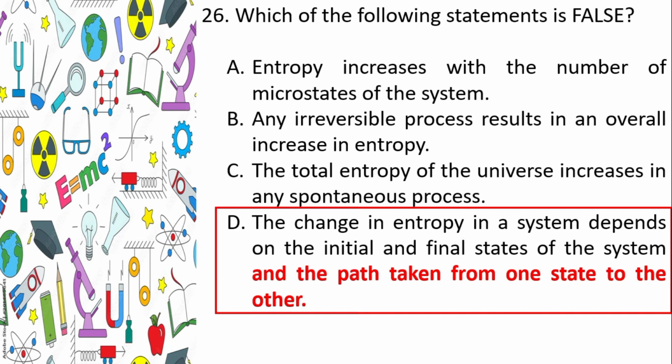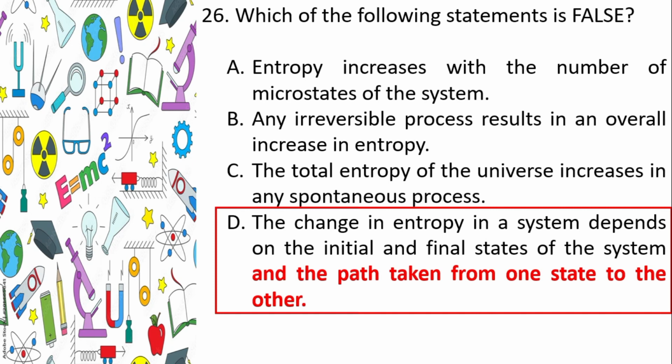Okay, letter A, entropy increases with the number of microstates of the system. Okay, so the more microstates, the higher the entropy. Letter B, any irreversible process results in an overall increase in entropy. Again, disorder. If the disorder cannot be turned back into order, that means an increase in entropy.